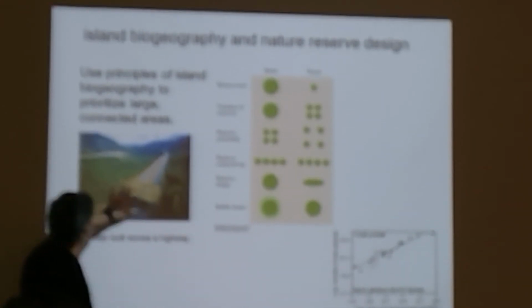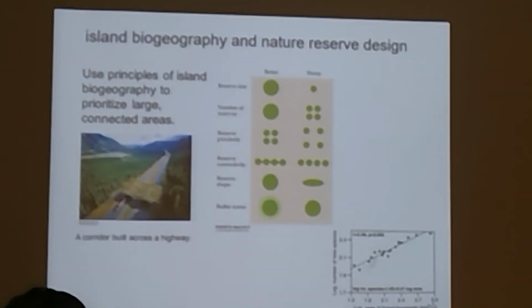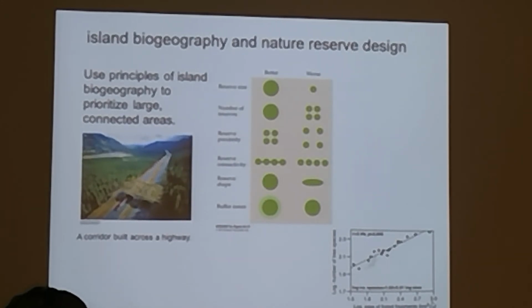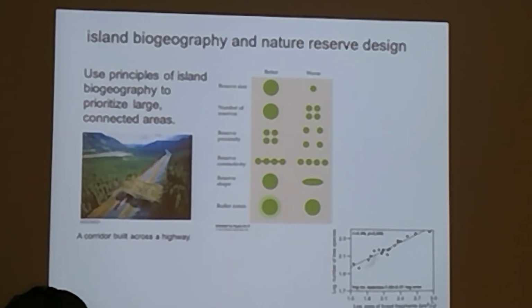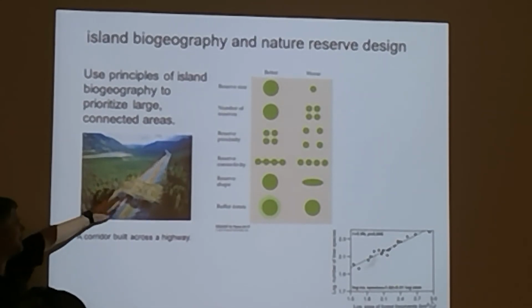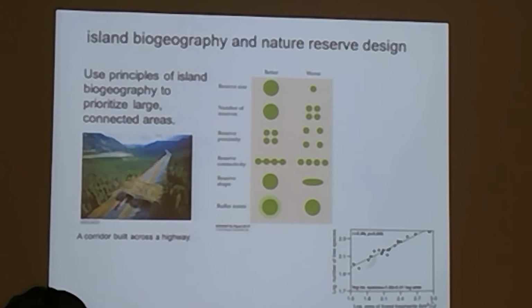I had a chance to see this particular place a couple of years ago. This is up in Banff National Park in Alberta, Canada. And this is an example of providing reserve connectivity in the park. There's a major road, a 4-lane highway that runs through Banff National Park. And in a couple places, they have these weird-looking overpasses that go over the road.